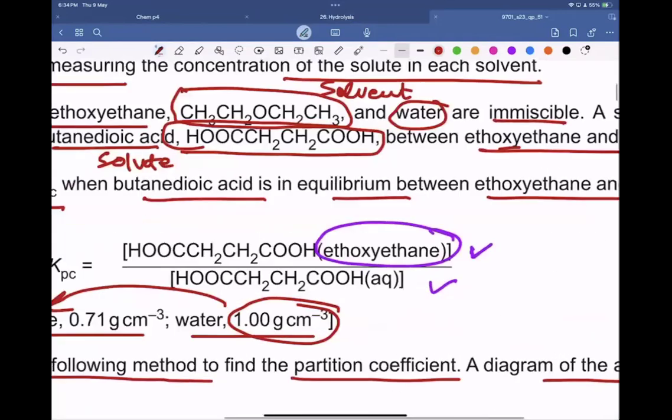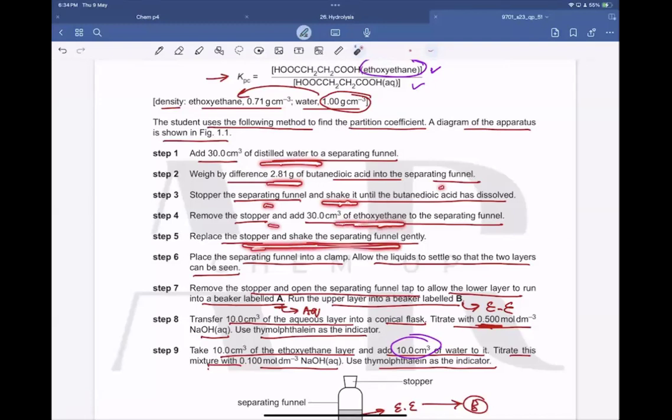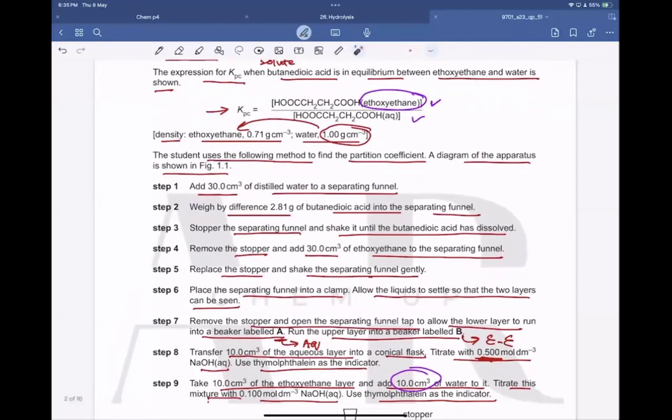So if you read the steps again, we have added water, then we have added butanoic acid, and then shaken it to get it dissolved. Now, we have added ethoxyethane and this step has been forgotten. So if it is not shaken over here, it means that the maximum that has to be dissolved in ethoxyethane could not be dissolved.